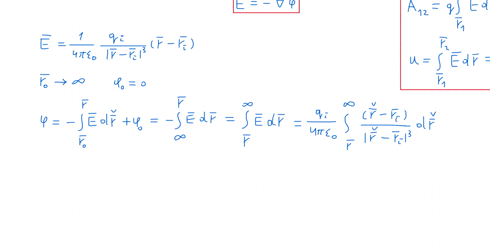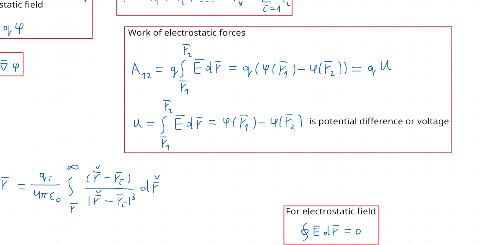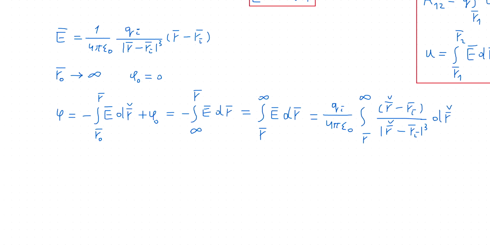We know that the electrostatic field is potential, and it means that this linear integral depends only on the initial and final positions, and doesn't depend on the path from R1 to R2. So it means that we can choose any path we want.